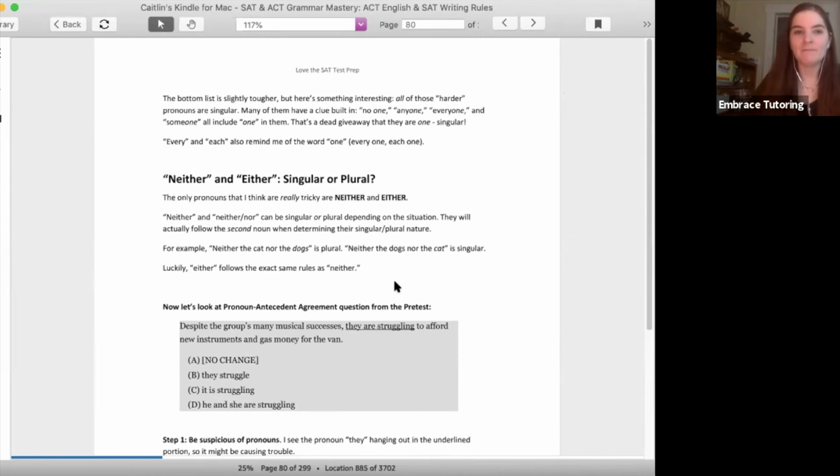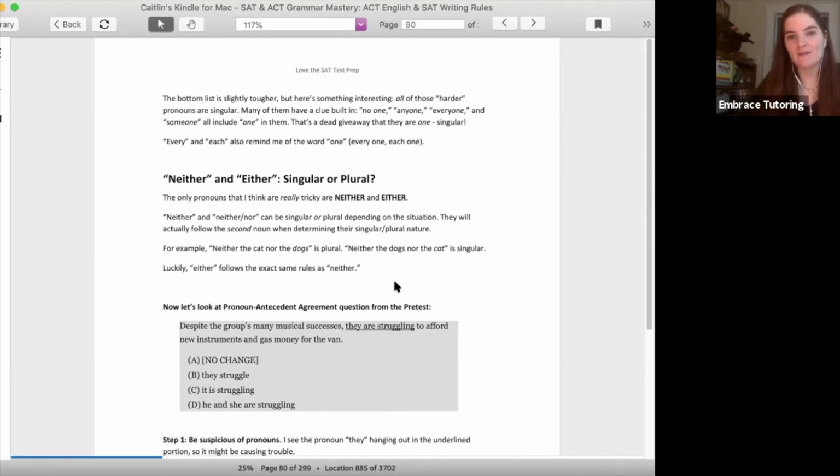Okay, and then these ones are really tricky, with neither and either. So basically you want to remember that neither the cat nor the dogs is plural. Neither the dogs nor the cat is singular. Okay, because neither and neither/nor can be singular or plural depending on the situation.